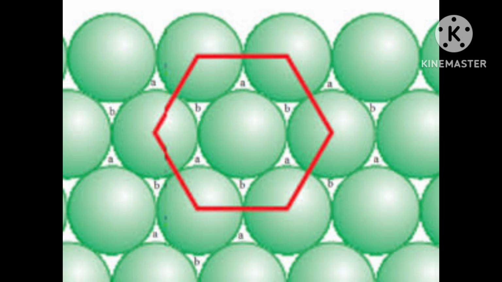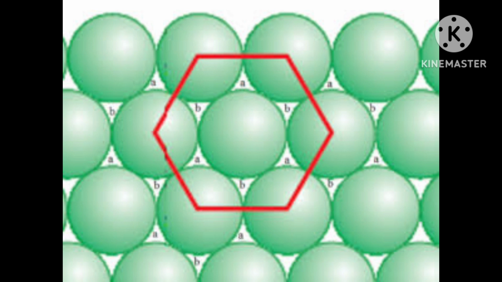Then in one dimension, all the spheres are touching each other. Suppose 5 spheres are there, all touching each other in one row.